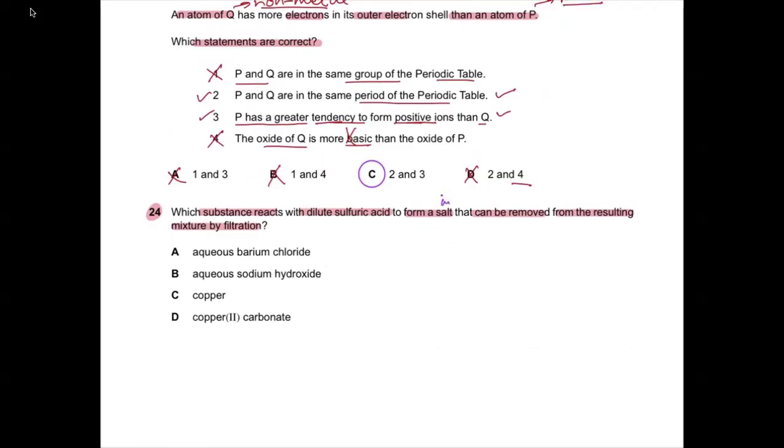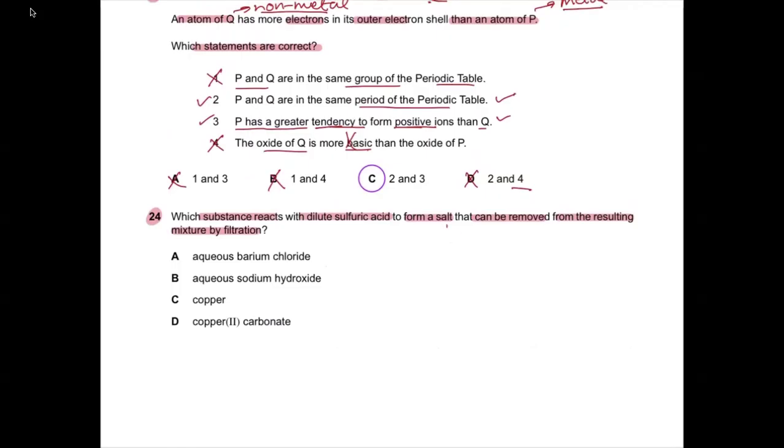So insoluble salt from sulfuric acid, it might be a sulfate, right?